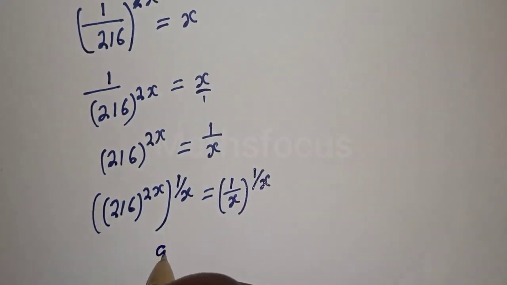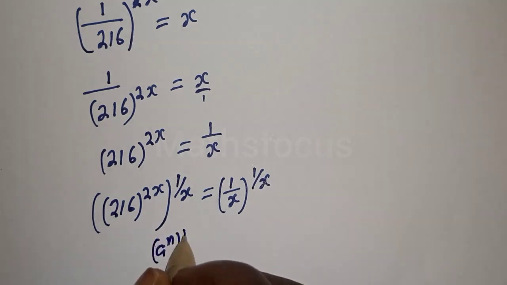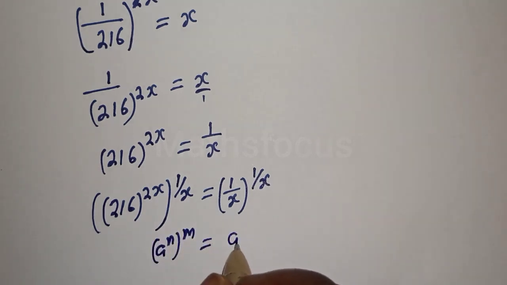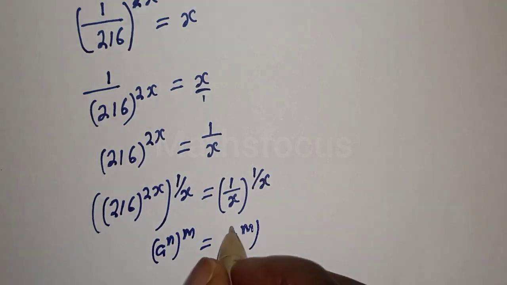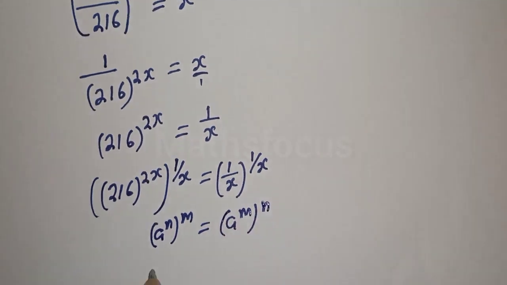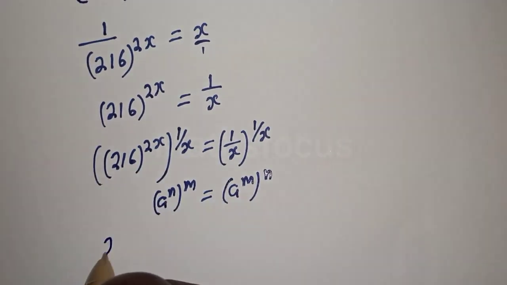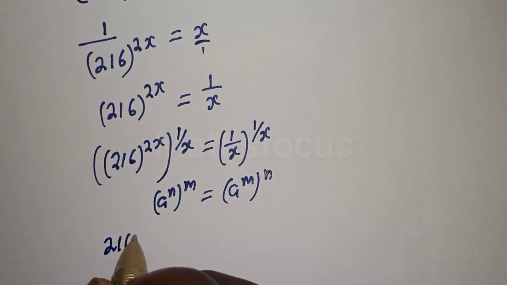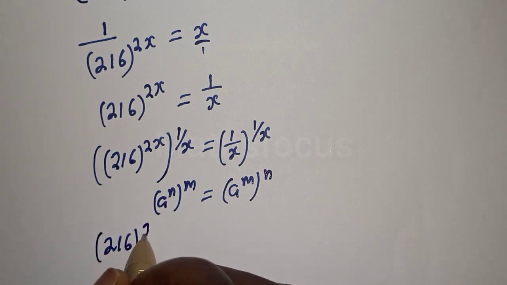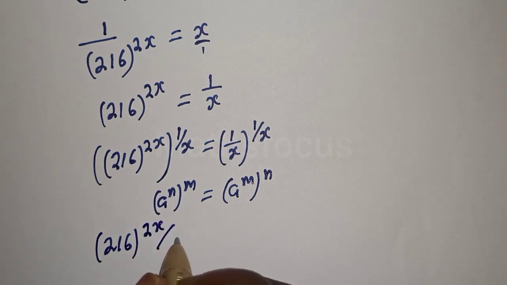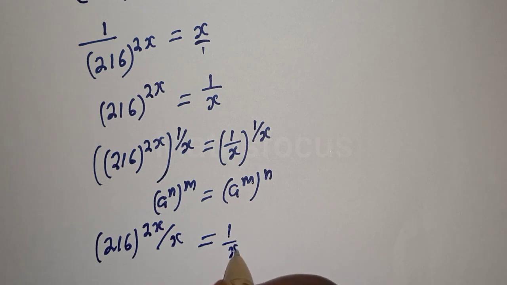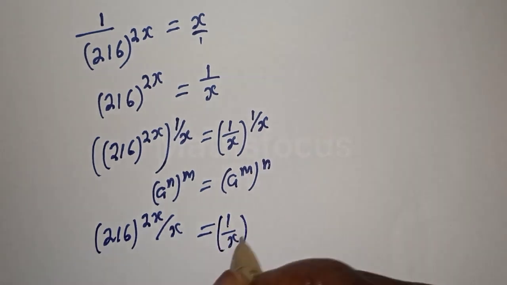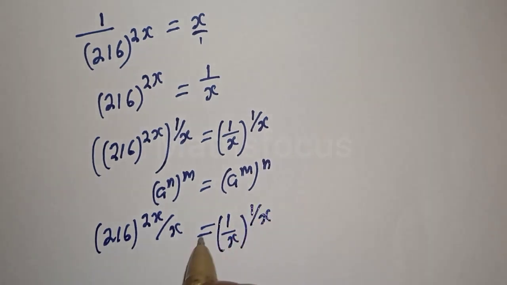If you have a raised to power n to the power of m, this is equal to a raised to power m to the power of n. And this is 216 raised to power 2x over x is equal to 1 over x to the power of 1 over x.